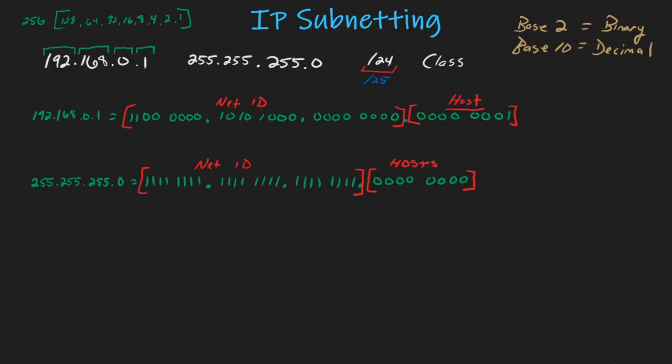So let's go ahead and convert our subnet mask. Our subnet mask would be 255.255.255, and now this is the weird one, .128. And you would actually do this backwards, right? You would do the binary version first before the base 10 version, because you would figure out the base 10 version based off of the binary version.